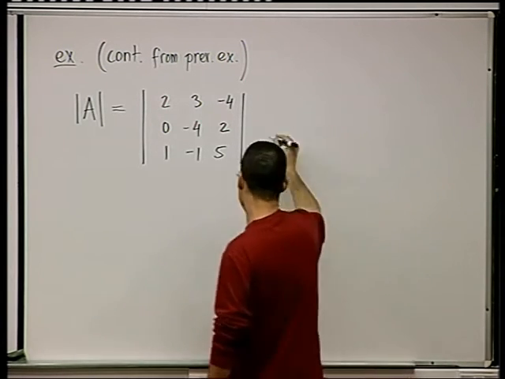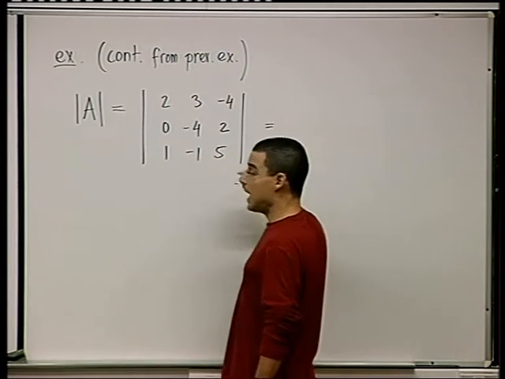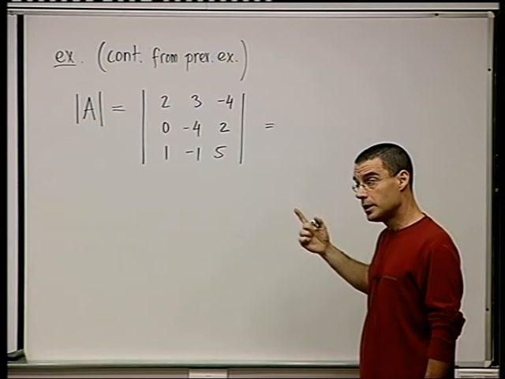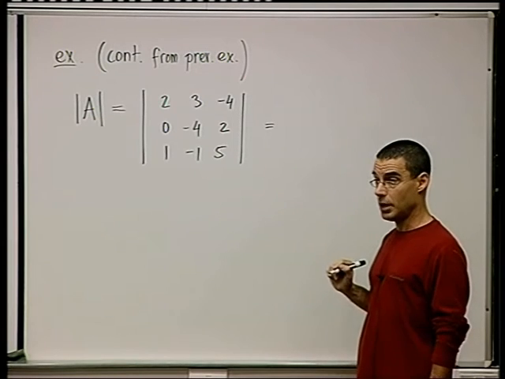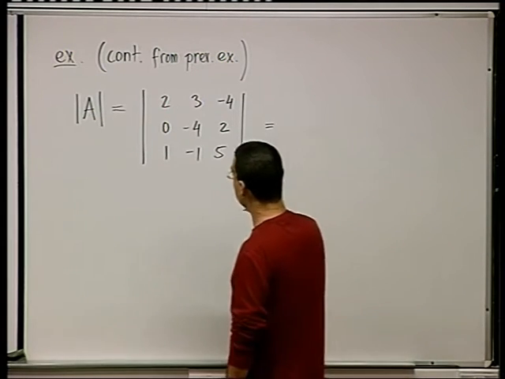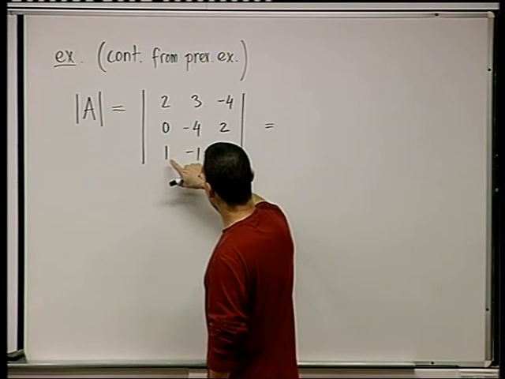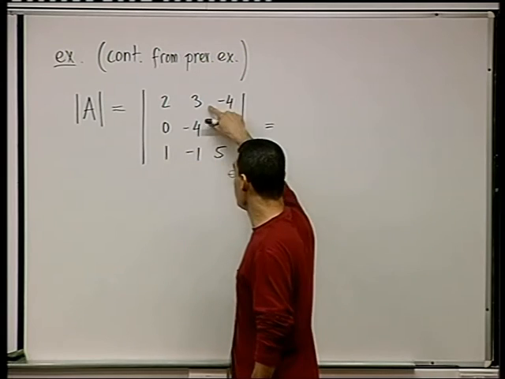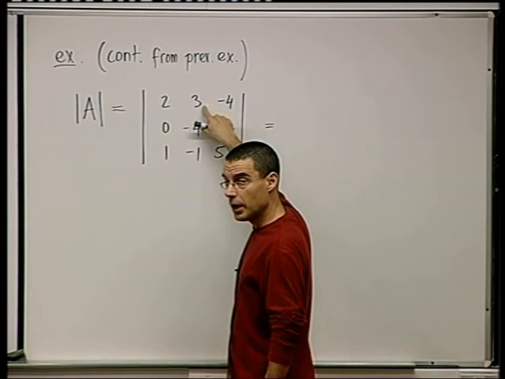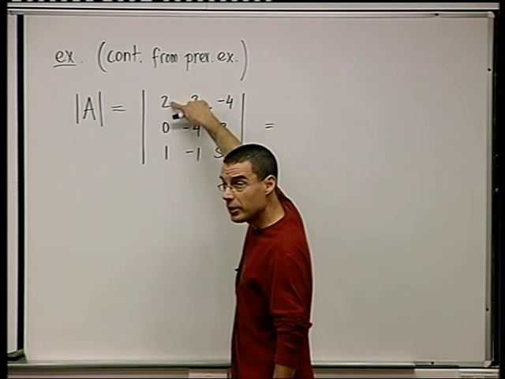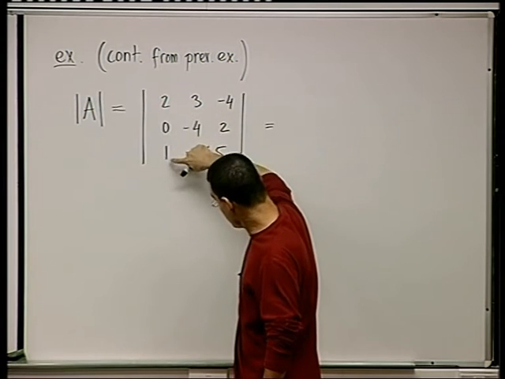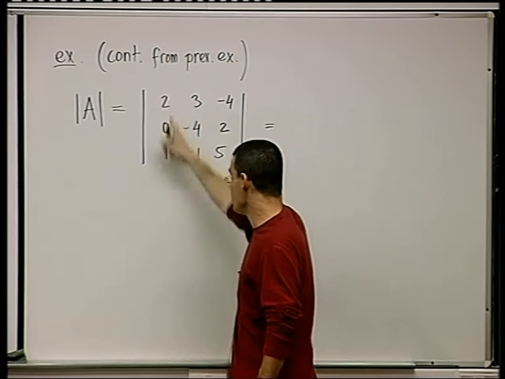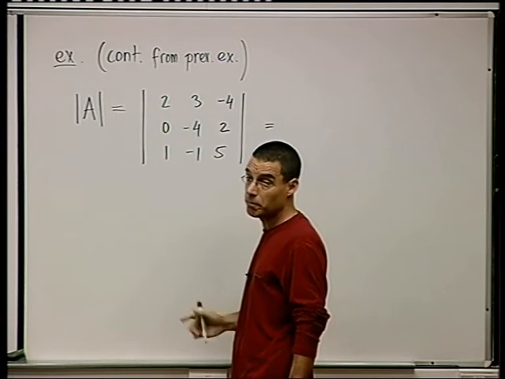For example, we know that if we add a scalar multiple of one row to another row, that does not change the determinant. So I want to add minus 2 times the third row to the first row. That would put a 0 here. If I subtract 2 times this row from this row, I would get a 0 here, and then I'm going to develop the determinant using the first column.